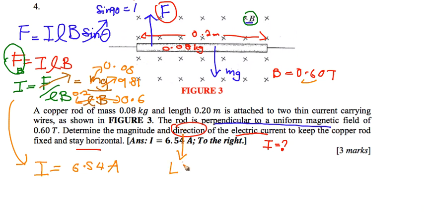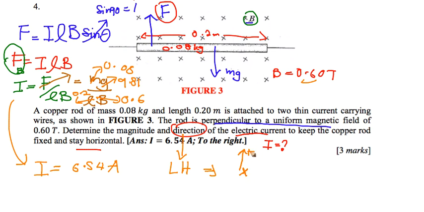And for the direction, if you want to find the direction, you must use the left hand. Because the direction of B is downward, right? This is the direction: use the second finger downward, and the force, the direction of the second finger, is into the page.